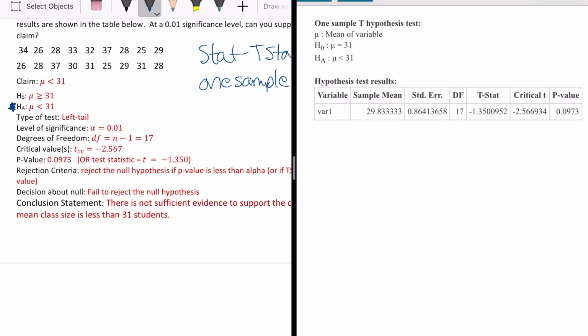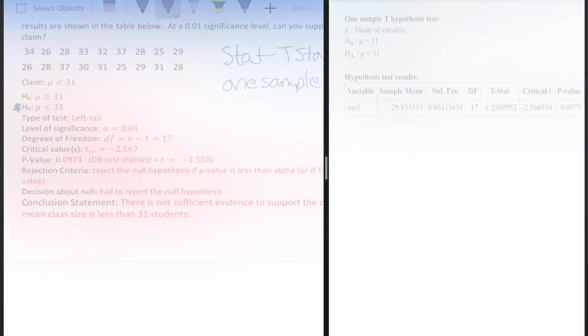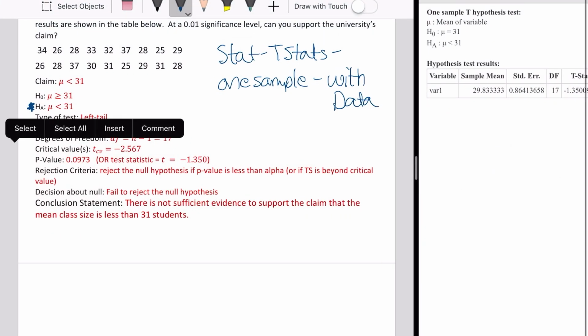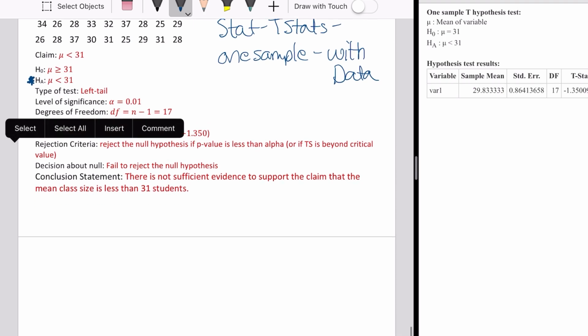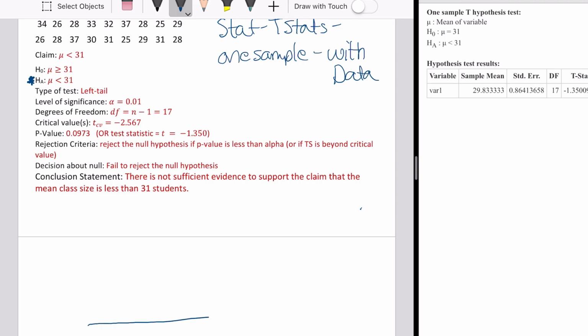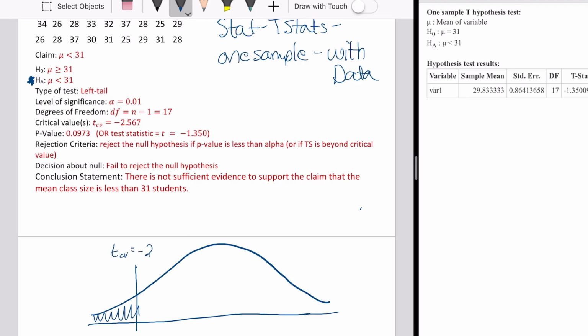So let's make sure that we remember how we're going to use those. If I draw out my t-distribution here, the critical value is in the left tail because it's a left tail test. That t critical value was negative 2.567.